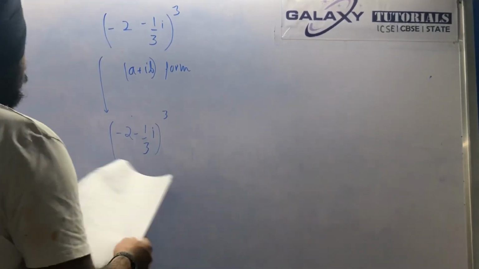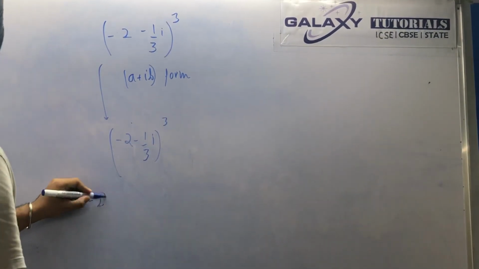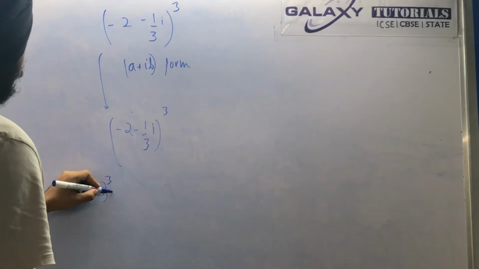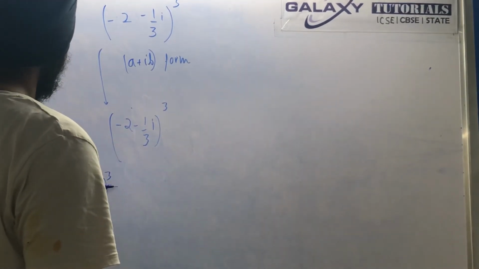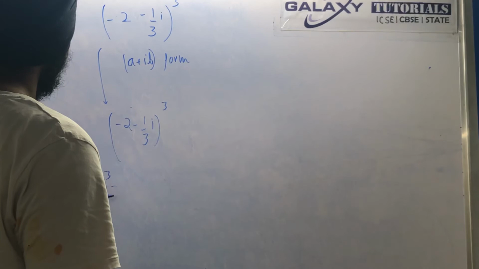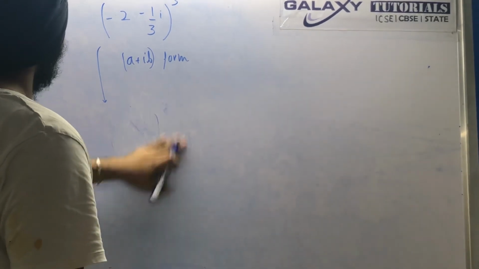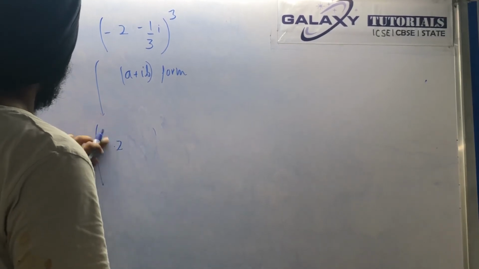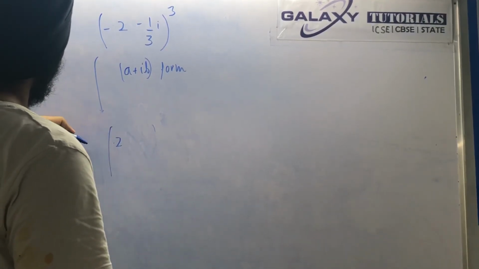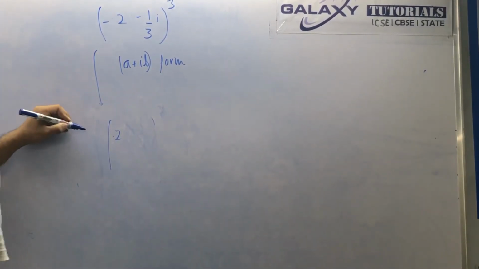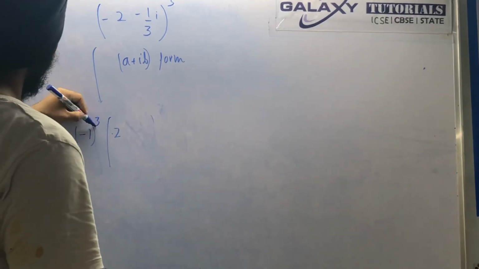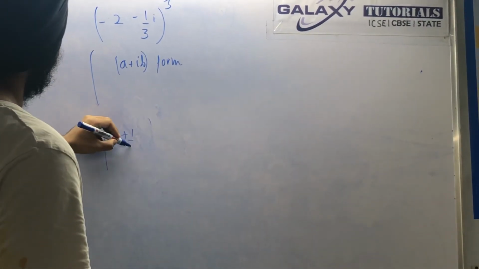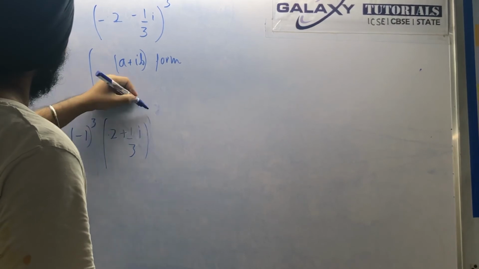Okay, just take the whole cube. You can write it like this. Take out the minus common. Okay, minus 1 whole cube outside, 2 plus 1 by 3 iota. It will be simpler for you.